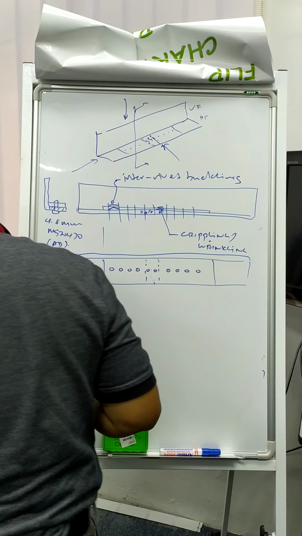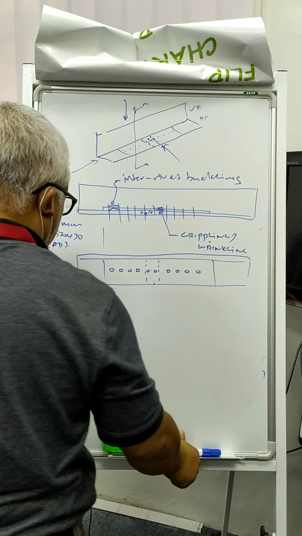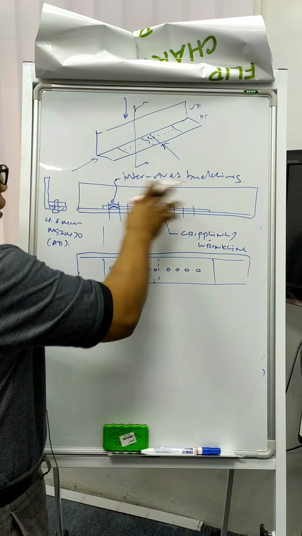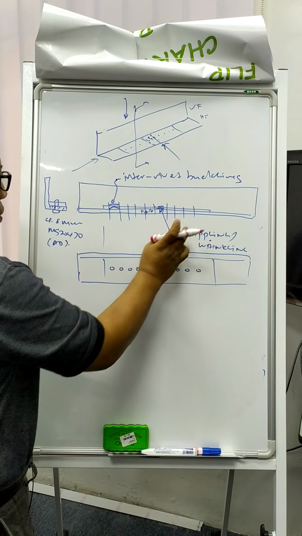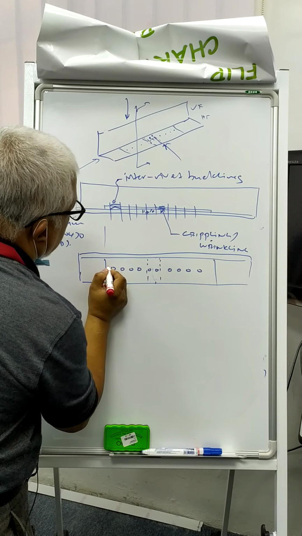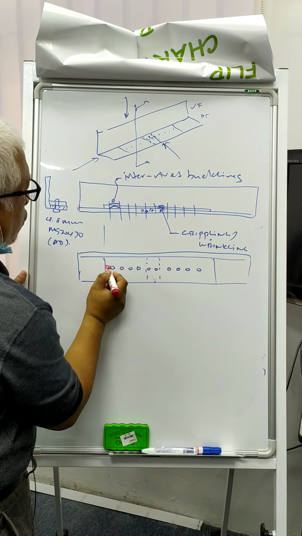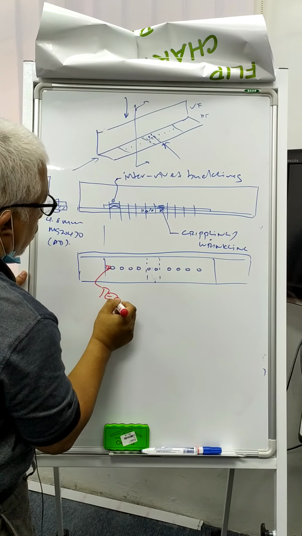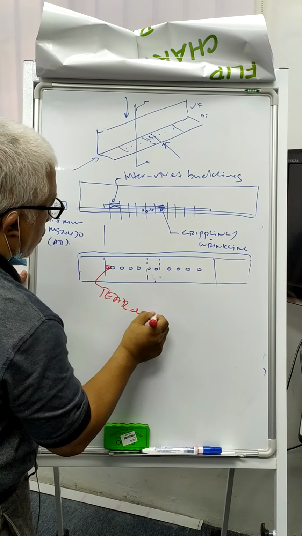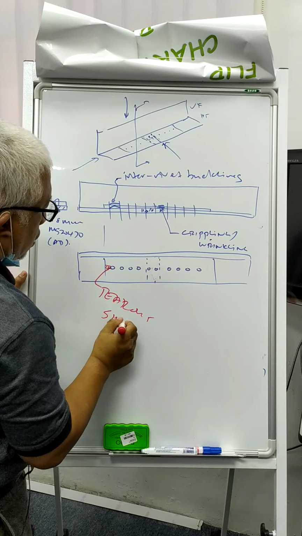So what will be the potential failure? What can happen? We look at here, the doubler itself may buckle, may wrinkle, but the fastener rivets may migrate out from here. So here we call it tear out or shear out failure.